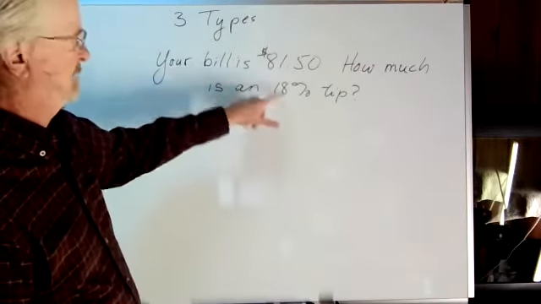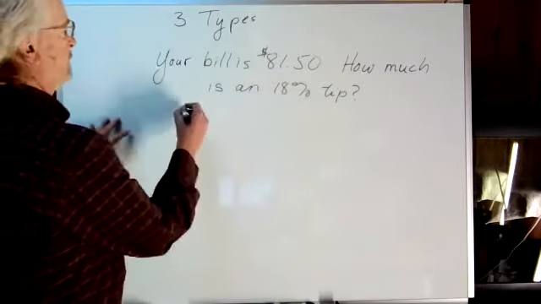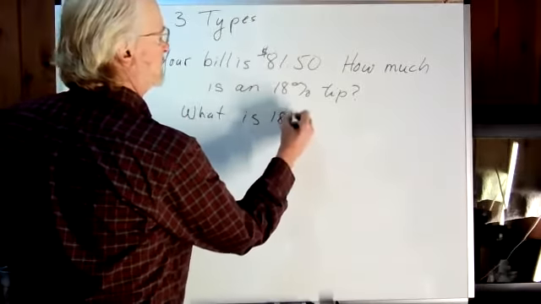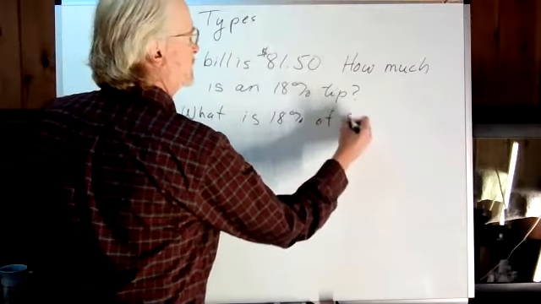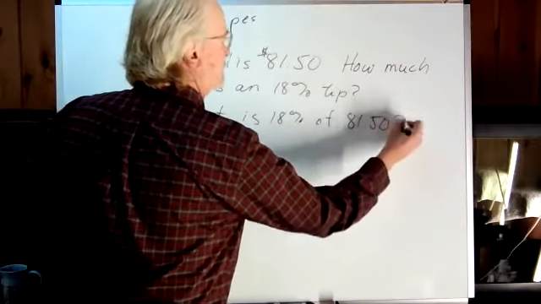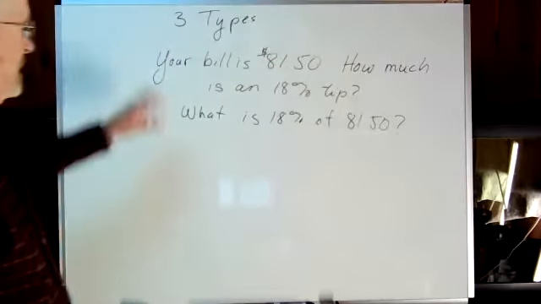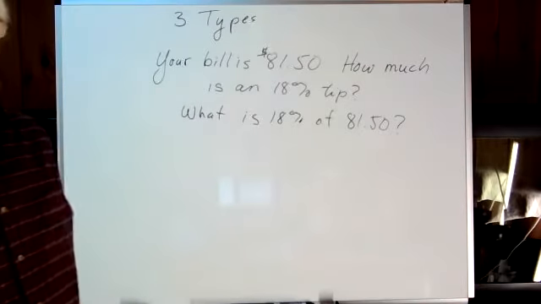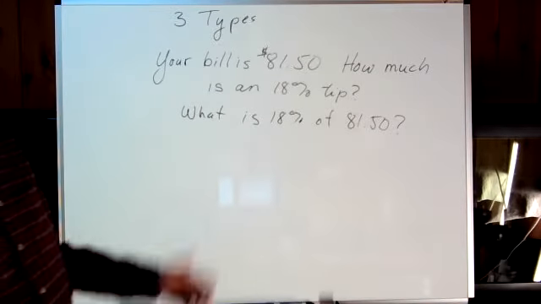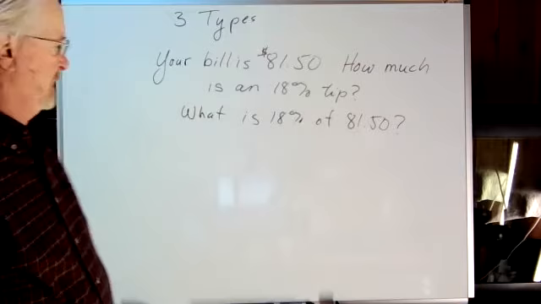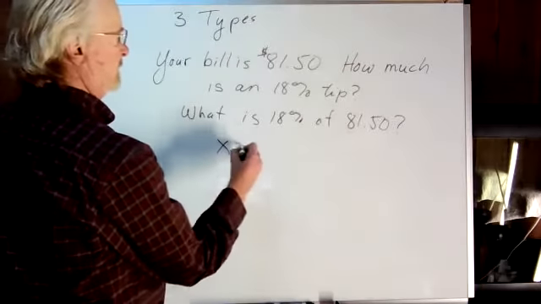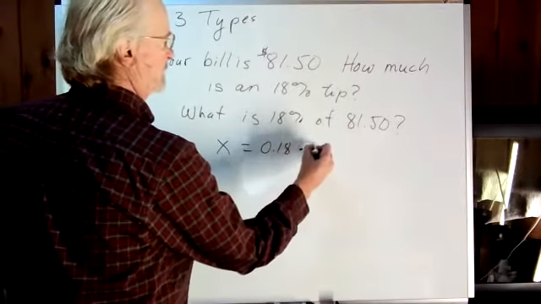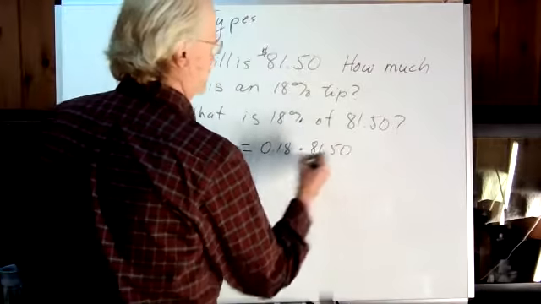We're trying to find 18% of, and I'll write that out. I boiled that original problem down to that percentage equation statement. I'm looking for what is 18% of 81.50.